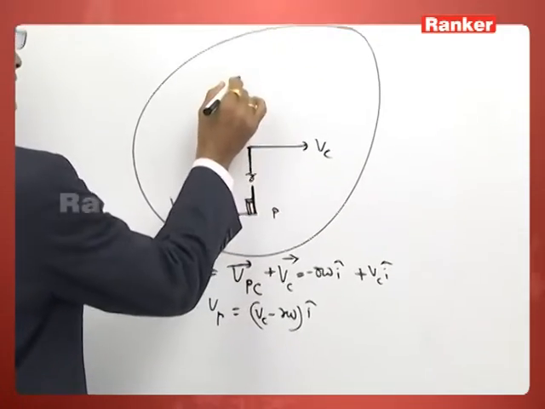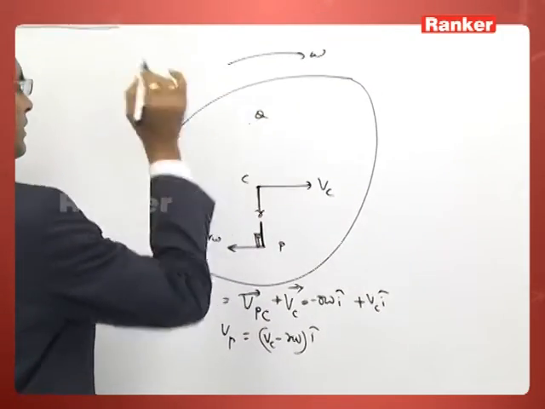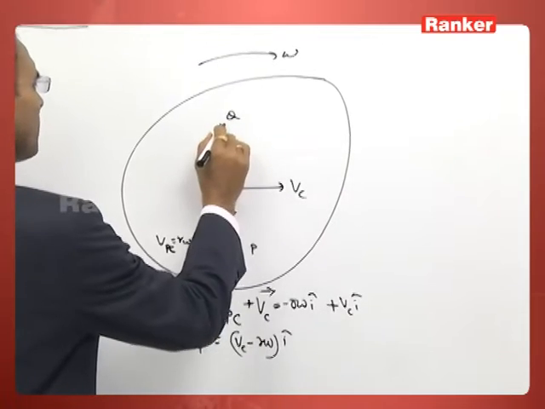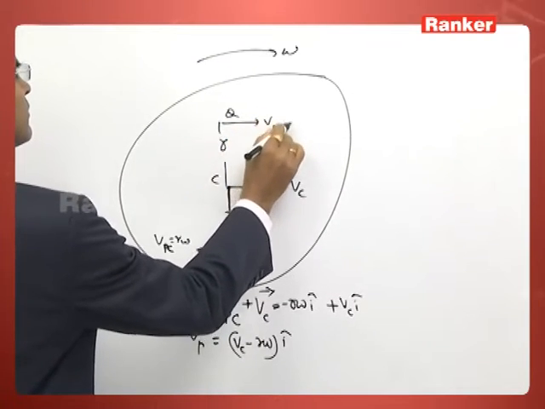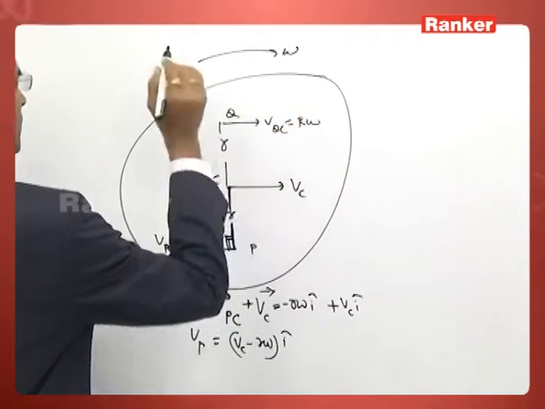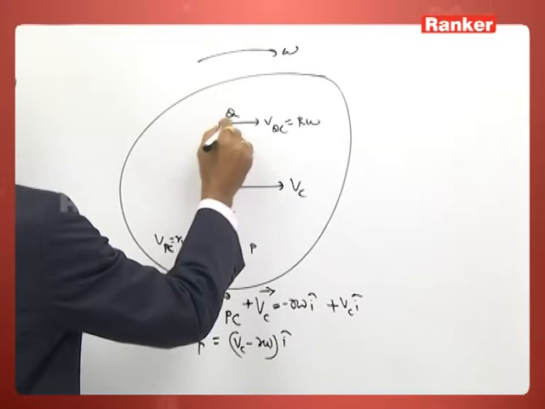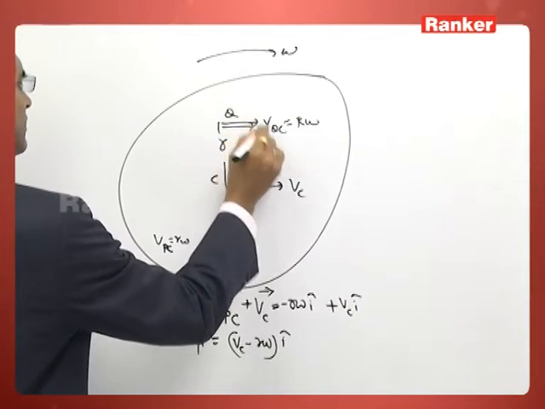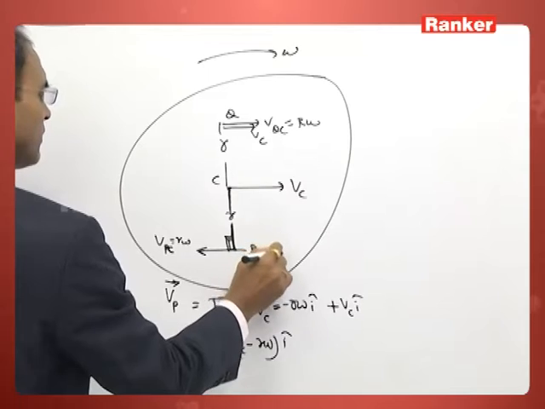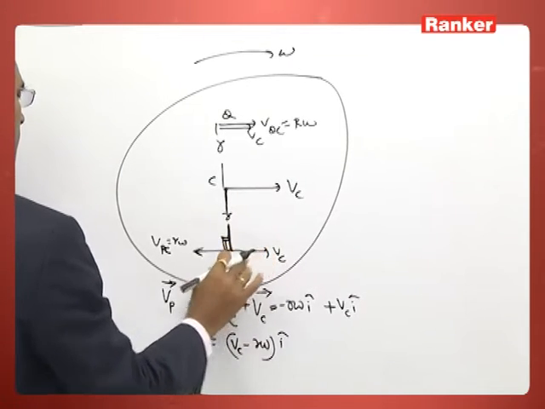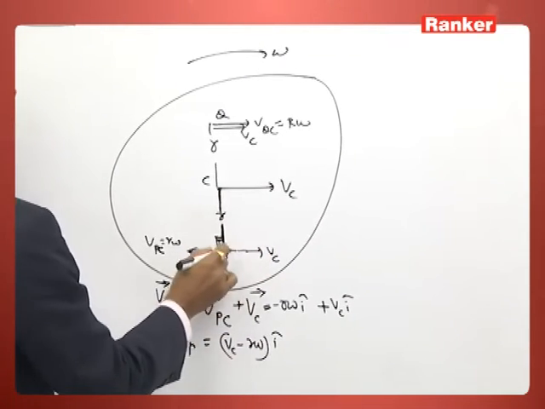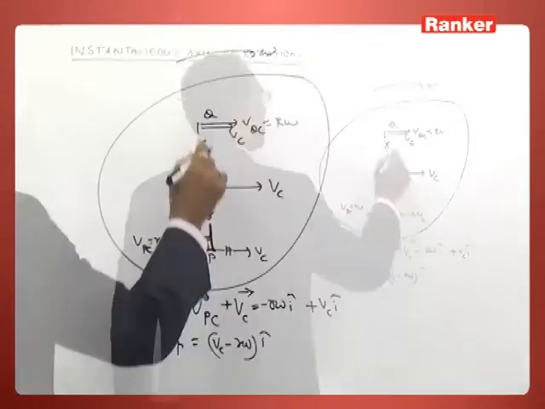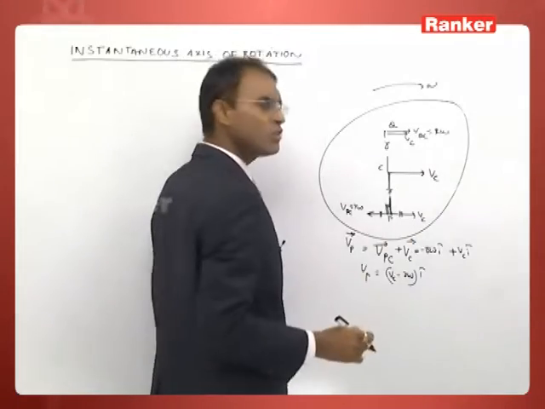If you take this point here at a distance of say r, Vqc will be in this direction and Vc will be in this direction. At this point Vc and Vpc oppose, but at this point Vc and Vqc favor.